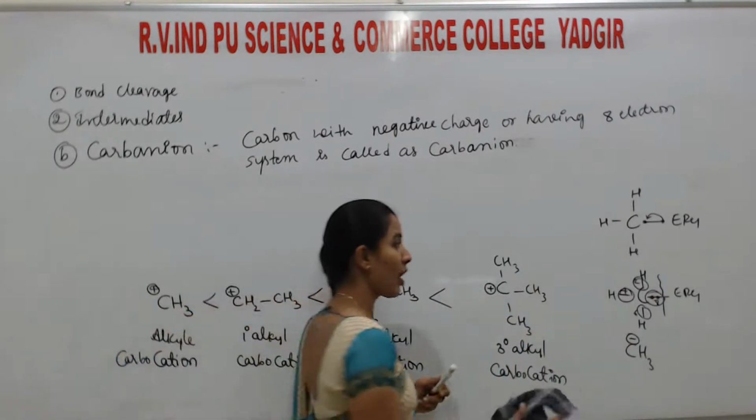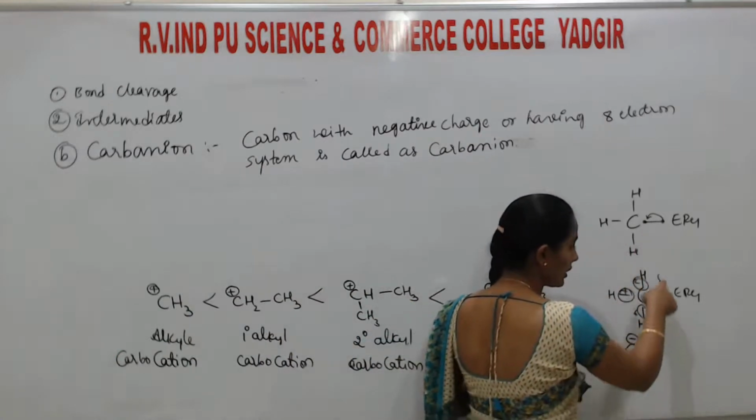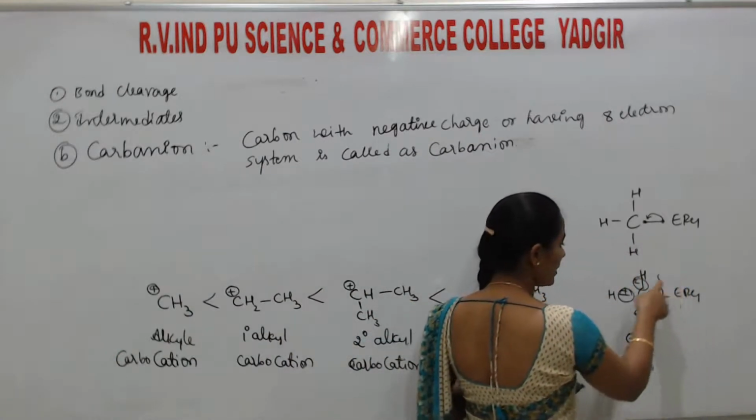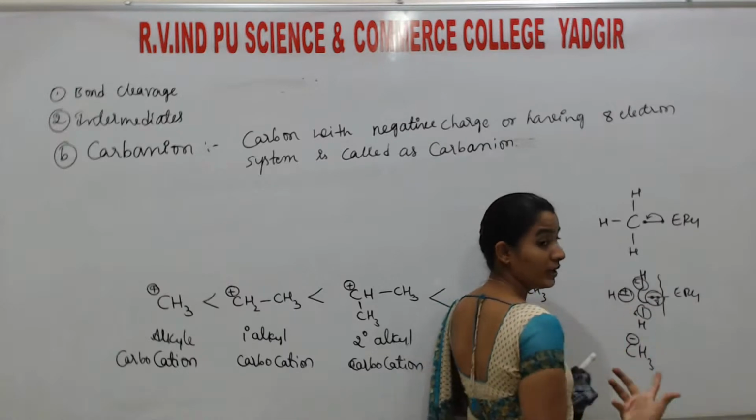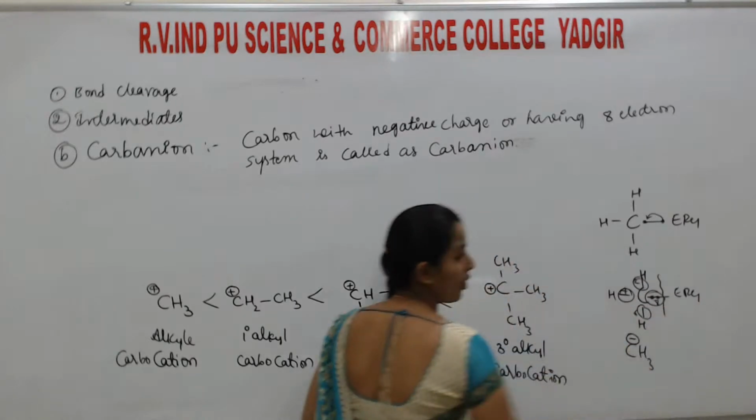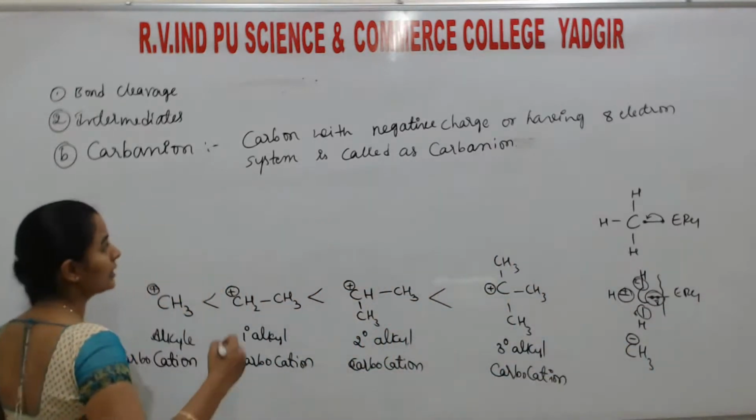So students, this carbon ion is also a heterolytic cleavage. This one becomes plus, this one becomes minus. So when this becomes minus, it is bonded to an electron releasing group.